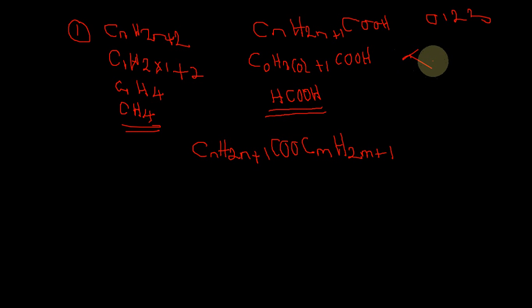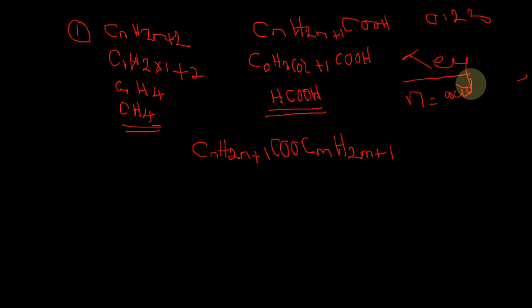So I'll say, when you have any ester, the first part of this molecule is coming from an acid part, and when I say the n, in this case we are looking at the number of carbon atoms in an acid.